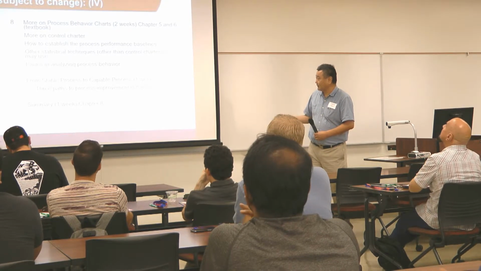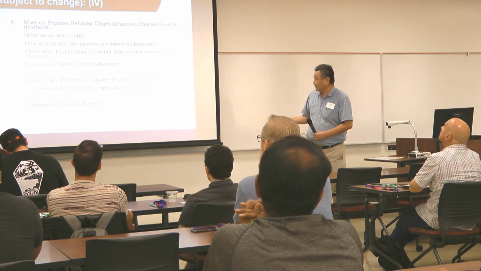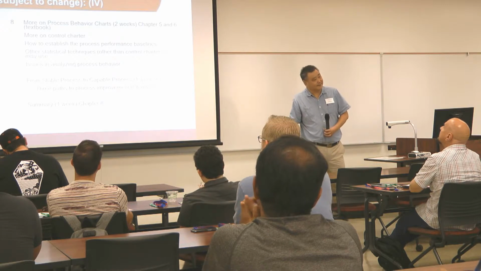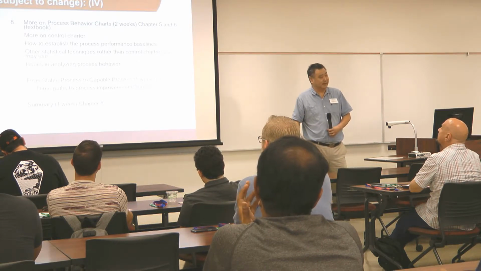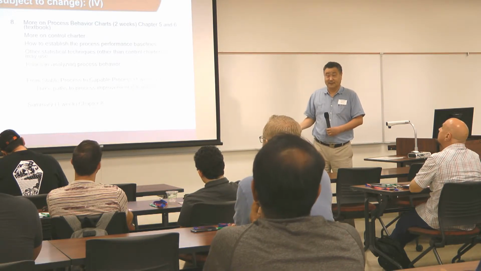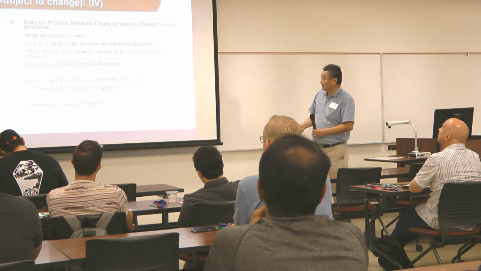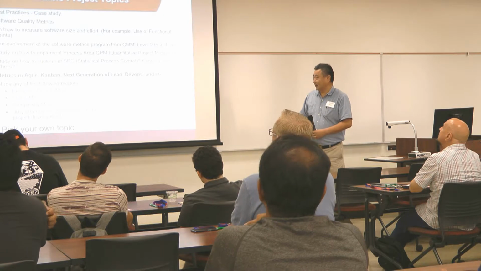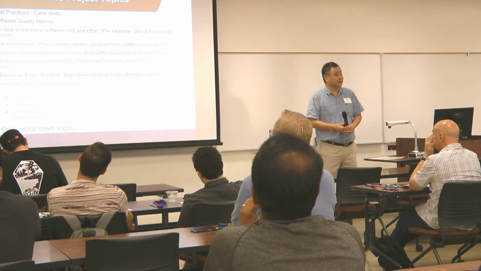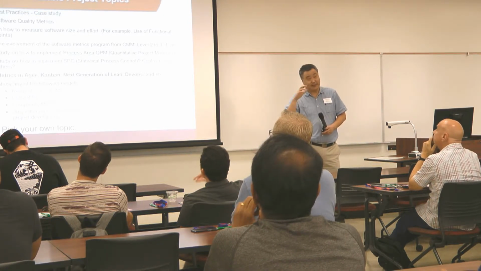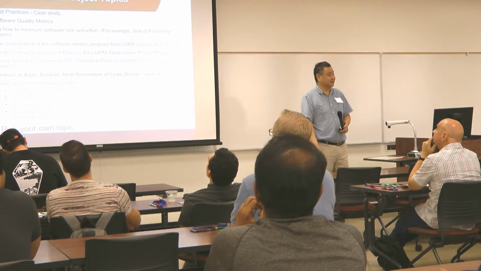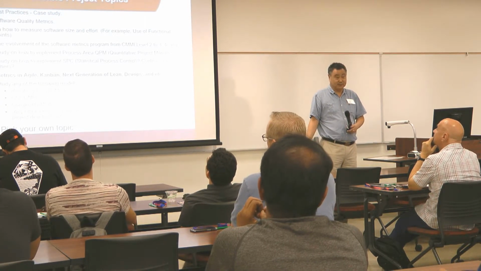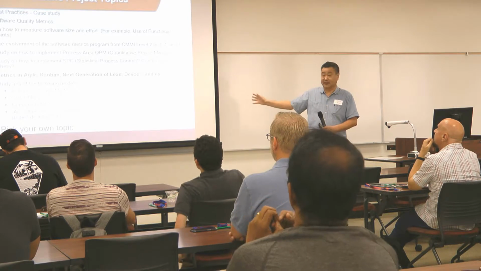For chapter 8, you read it, but I'm probably not going to cover it in the final or in the homework. I also listed some possible project topics, and I'm going to post this early next week, so you can take a look.